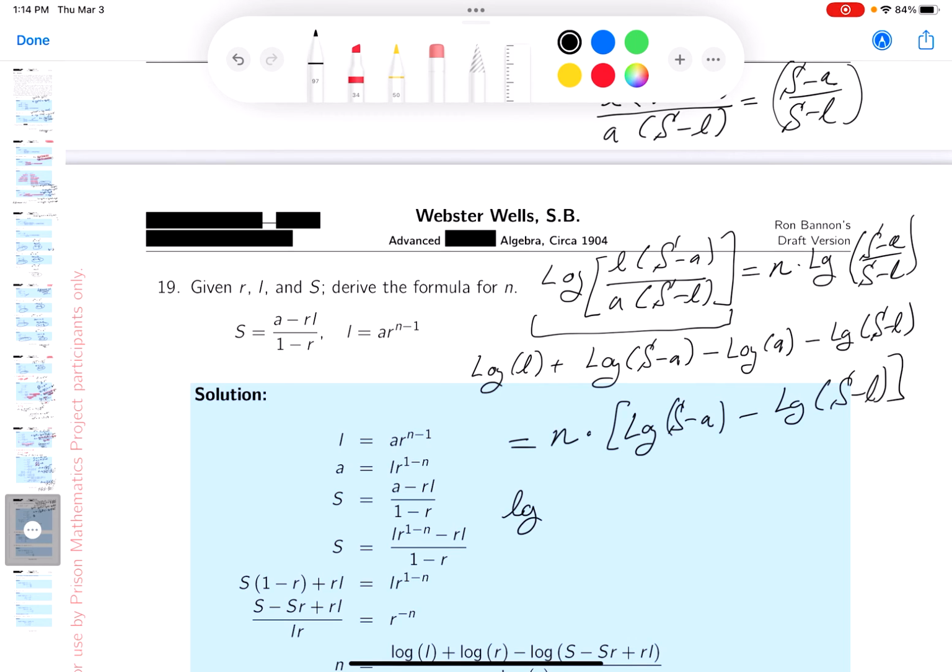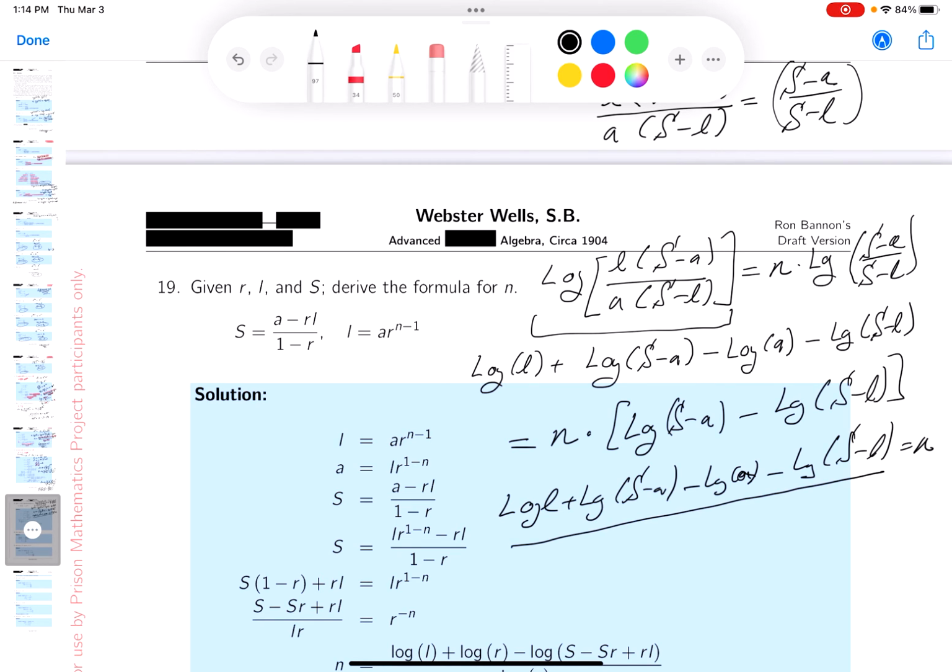Log, you know what, maybe because it's my penmanship, because that's not good not to be consistent, even if it's bad penmanship. Log L plus log S minus A minus log of A minus log S minus L. This equals N divided by the coefficient. That's going to be log S minus A minus log of S minus L.